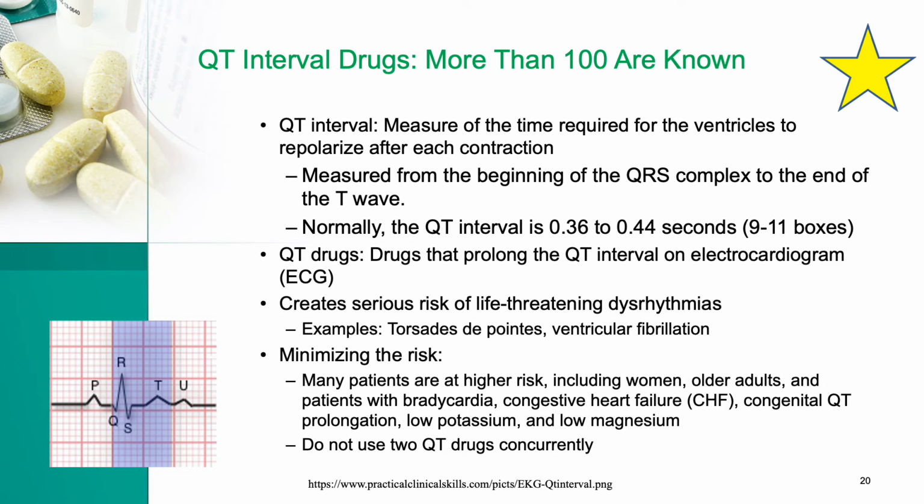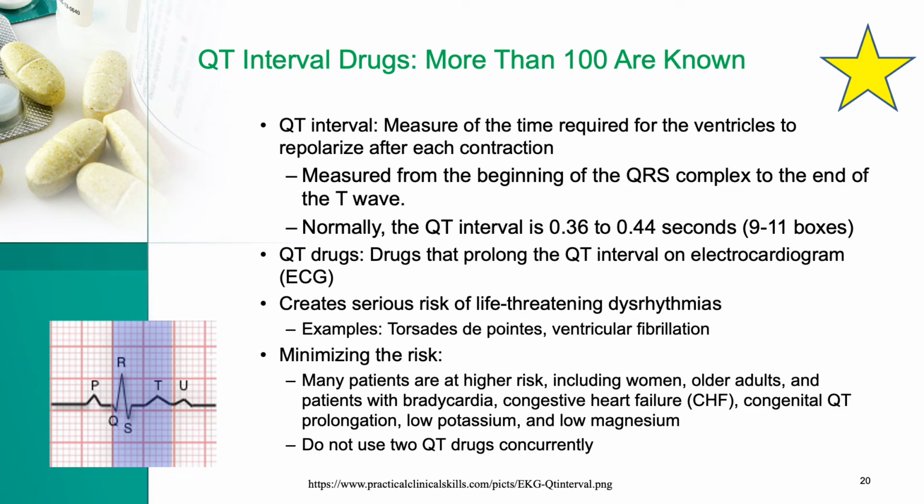Females are also at higher risk due to a longer QT at baseline. Stay alert for meds known to prolong the QT, especially those associated with torsades. For example, think of methadone and amiodarone as red flags, particularly in a high-risk patient.